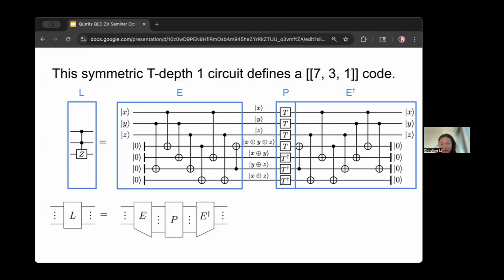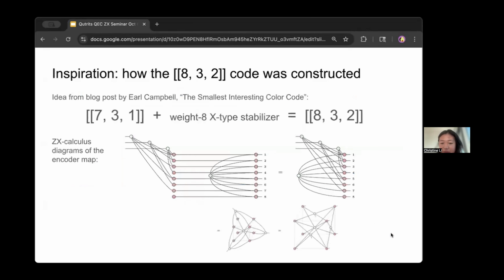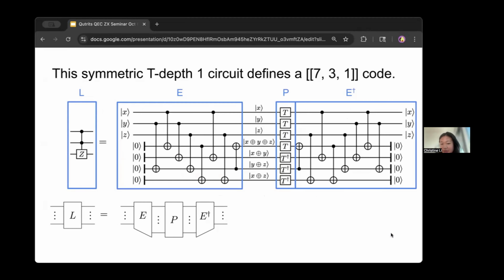We first have the circuit that implements this logical gate transversally, but it is distance one. What we have to do is add stabilizers to it that first preserve this logical gate and second increase the code distance. This is not a trivial process, and we explored different ways of doing this. In this case, this is a [[7,3,1]] distance one code, right?